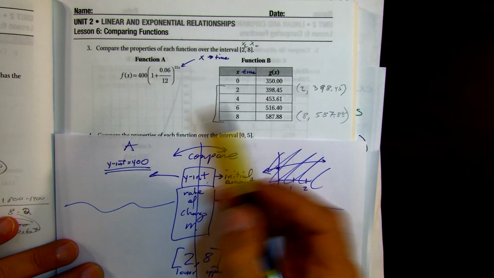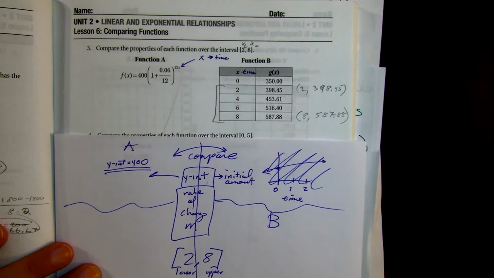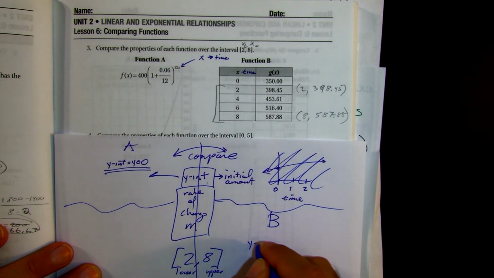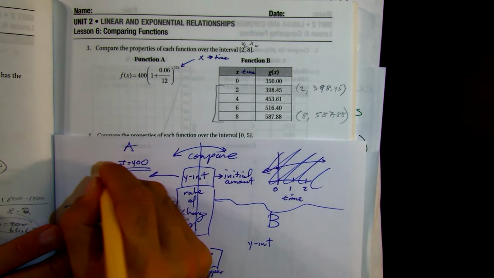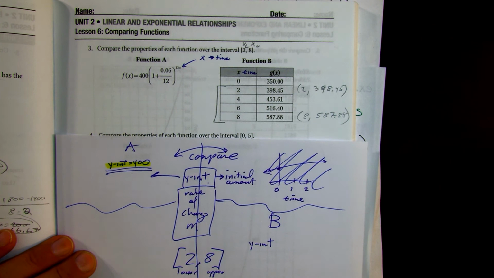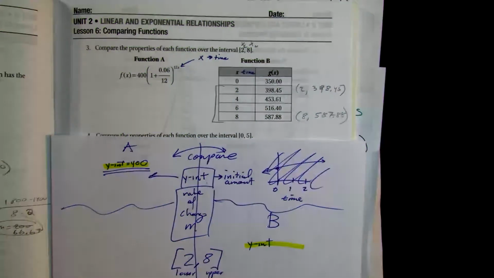Let's go ahead, we found the y-intercept for A. Now, what's nice about this is for B, the y-intercept. I'm going to highlight these as I go because I'm not organizing it as well right now. A had a y-intercept of 400. B is going to have a y-intercept. Now think about it.